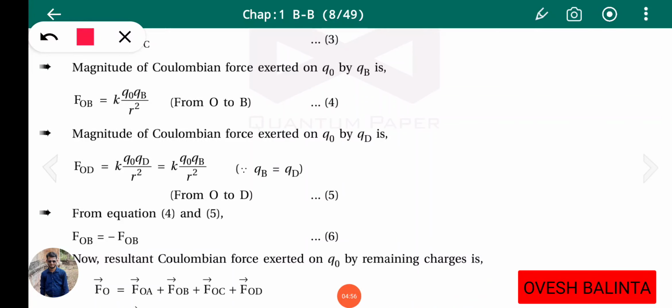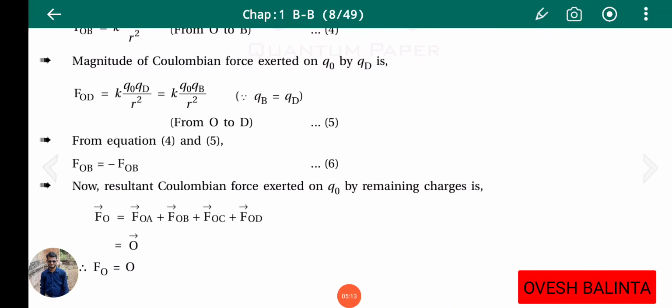But here QB is equal to QD, so FOD is equal to K Q0 QB upon R square. So from equation 4 and 5 we can say FOB is equal to minus FOD.